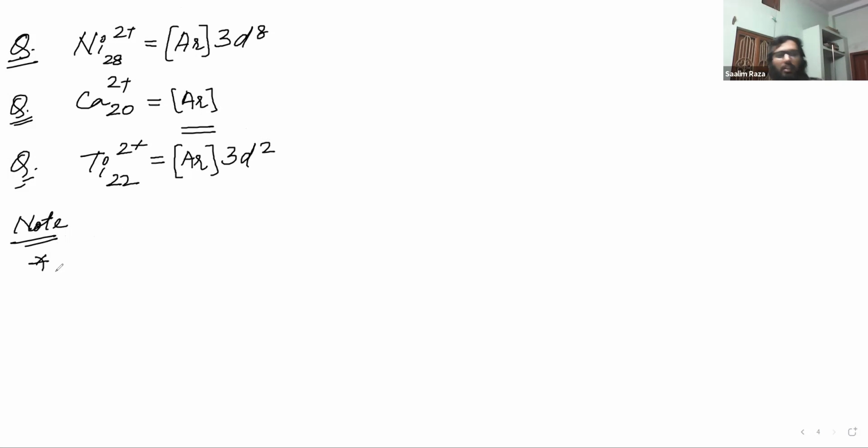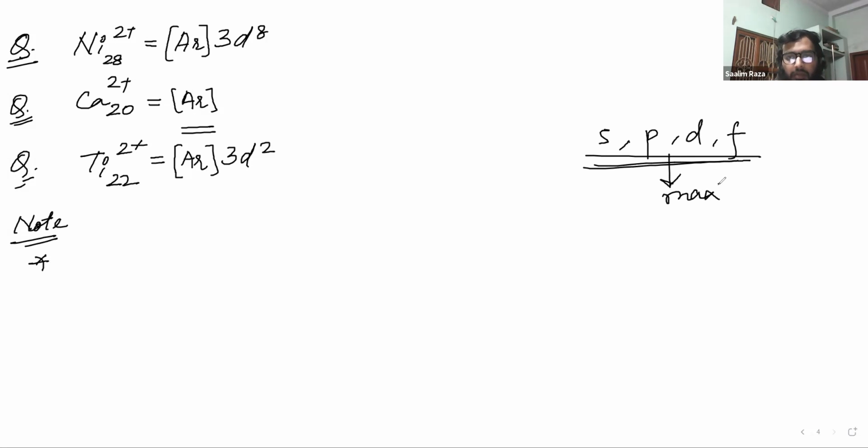What happens if you have a choice between the s subshell, p subshell, d subshell, and f subshell? What if all these four are present and all of them have the maximum principal quantum number? Then how will you choose?